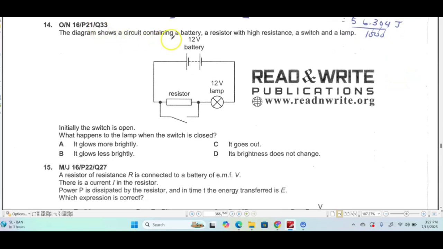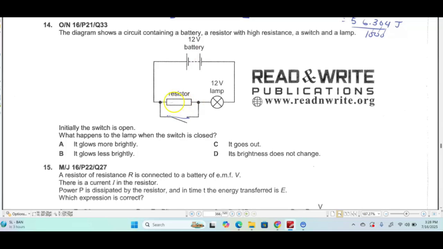The diagram shows a circuit containing a battery, a resistor with high resistance, a switch, and a lamp. Initially, the switch is open. What happens to the lamp when the switch is closed? Asaji, when the switch is closed, the resistance is going to decrease because some of the current is going to pass through the resistor and some of it is going to pass through this switch. Okay, na? So the resistance is going to reduce.